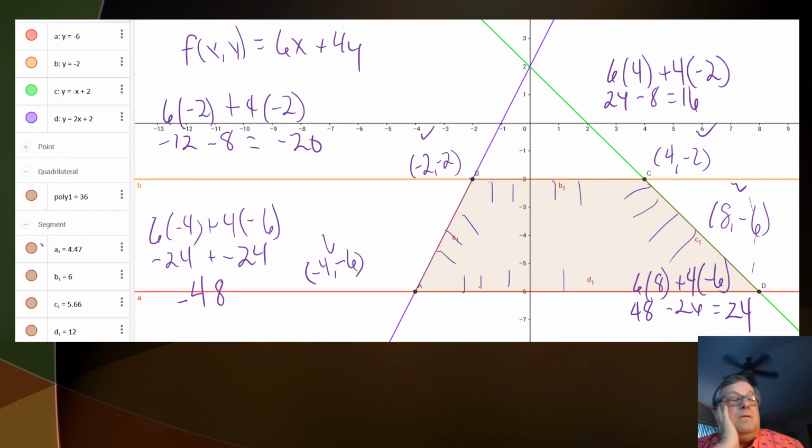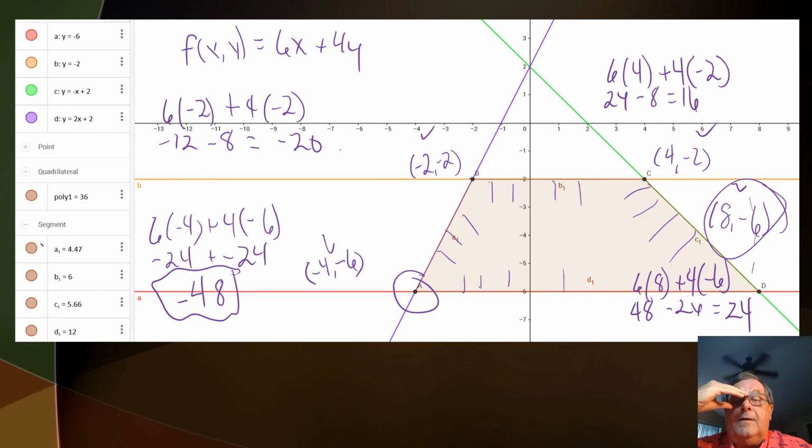Well, obviously my minimum is this coordinate right here, where x is negative 4 and y is negative 6, because that gave me negative 48. This one was negative 20. And I got 16 and 24 over here on the positive side of the x-axis. And so my maximum is this coordinate here, (8, -6).